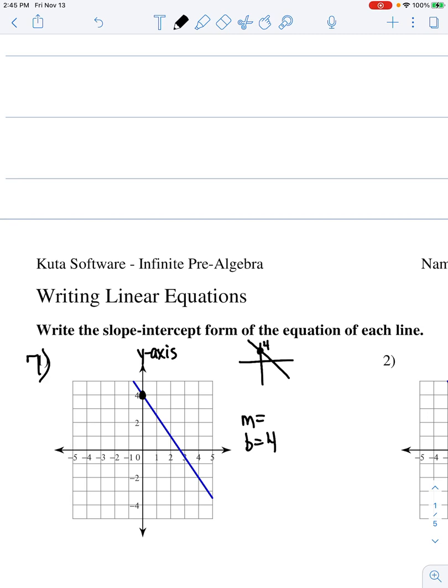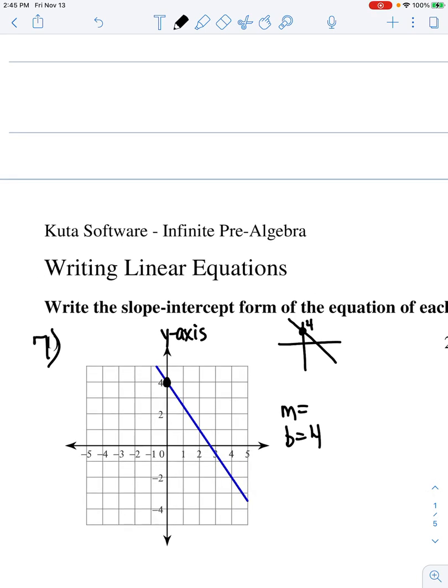Now, to do slope, we have to do rise over run, remember? So I've got to find a good corner point. Nope, nope. Oh, this is a good corner point. So I do my rise and my run. Well, my rise is 1, 2, 3, but it goes down, so -3 over, and my run is 1, 2.